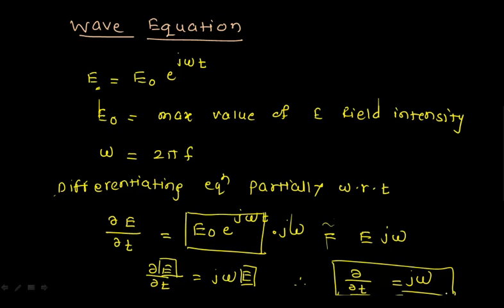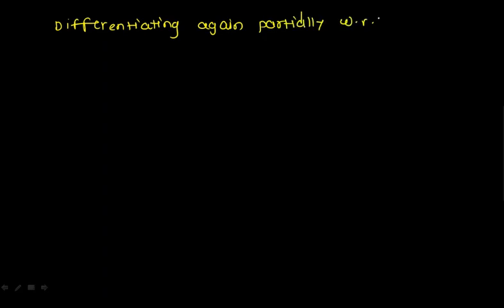Now differentiate it again partially with respect to t. So how will we get here? d square E by dt square is equal to j omega E0 e raised to j omega t into j omega.